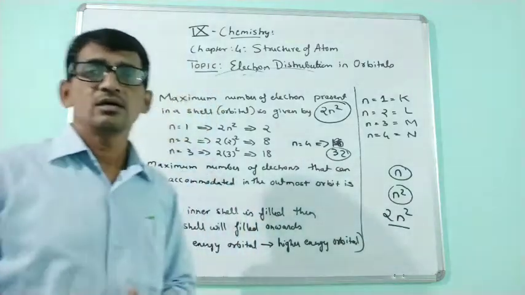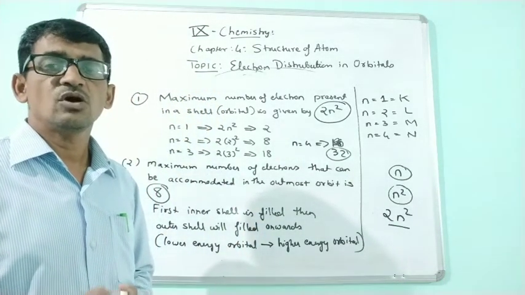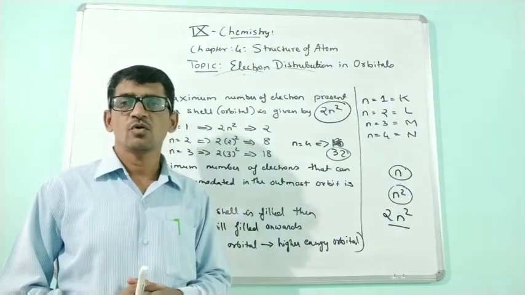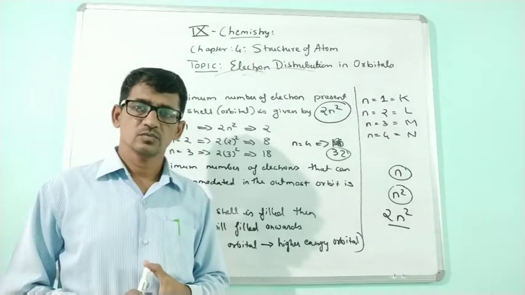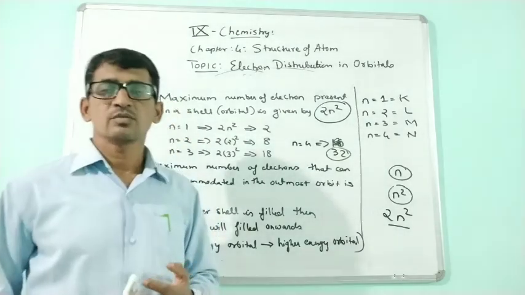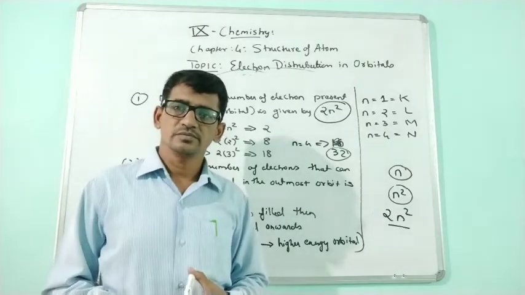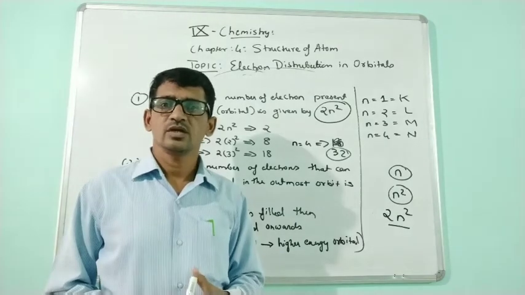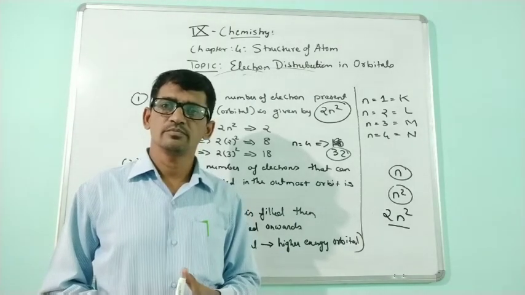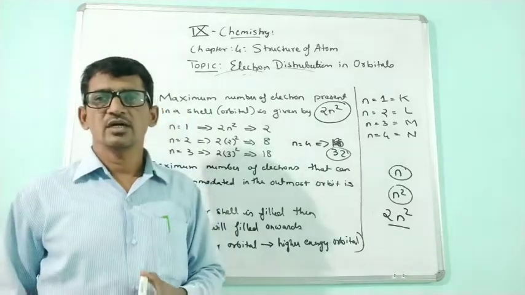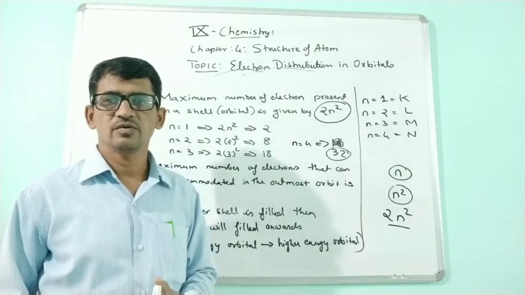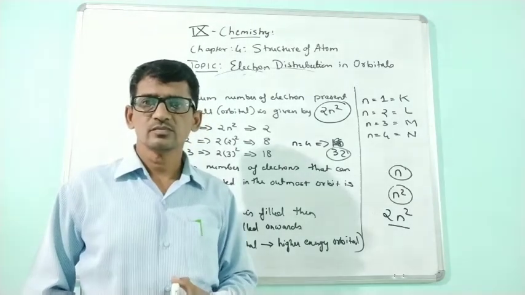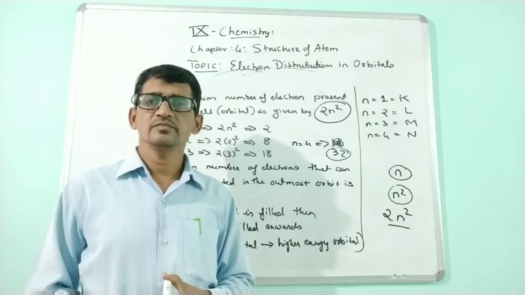Okay, so these are the rules related with filling of electrons. Next time we discuss the valency of electrons of the first 18 elements: hydrogen, helium, lithium, beryllium, boron, carbon, nitrogen, oxygen, fluorine, neon, 11 sodium, magnesium, 13 aluminum, silicon 14, 15 phosphorus, 16 sulfur, 17 chlorine and 18 argon.